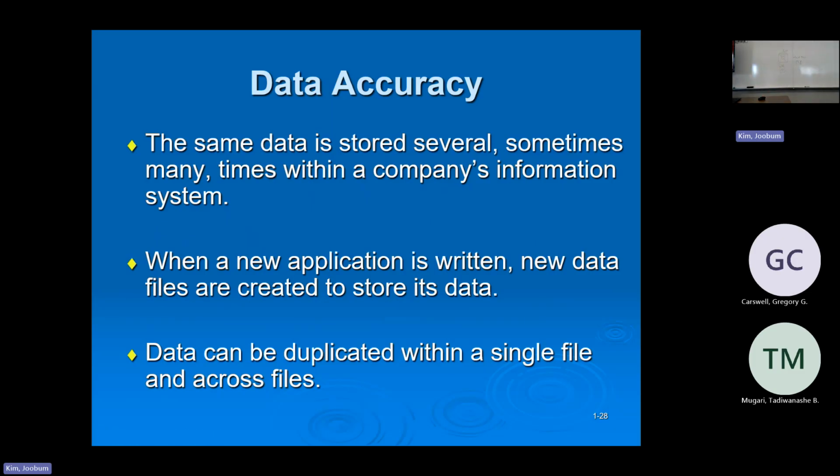Accuracy is more related to the database system in this course. Sometimes if you are working on a spreadsheet, maybe or maybe not, the same data is stored in several locations. So there are several tabs in your spreadsheet, like Excel.